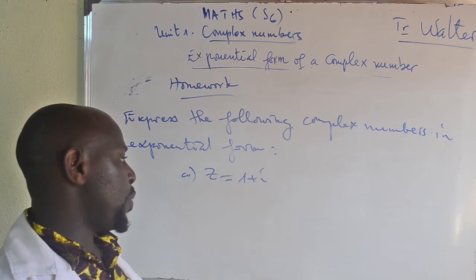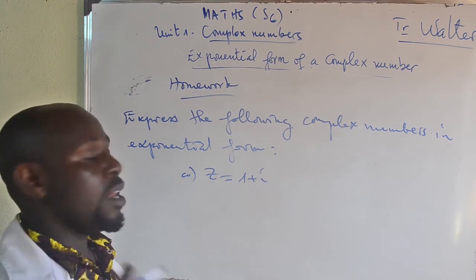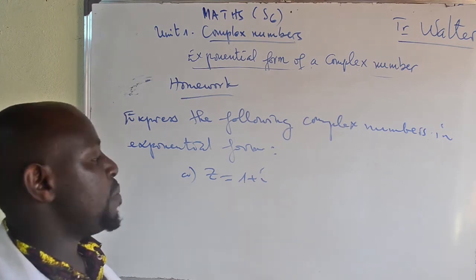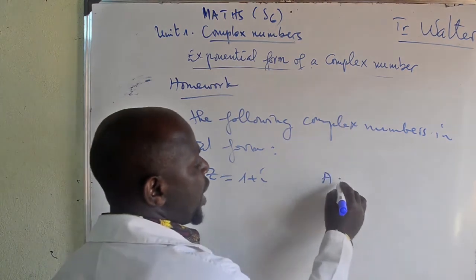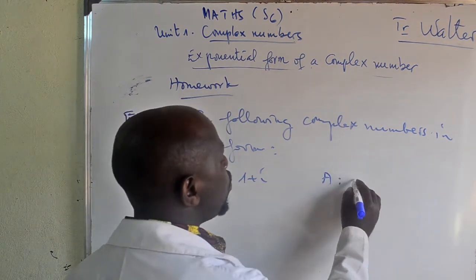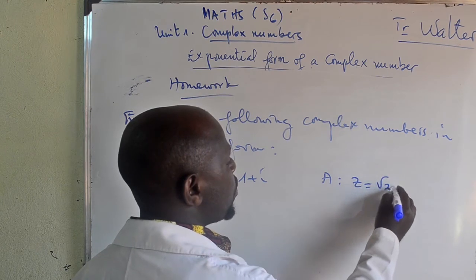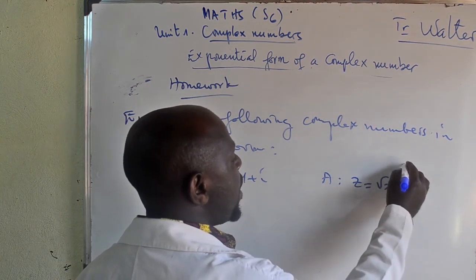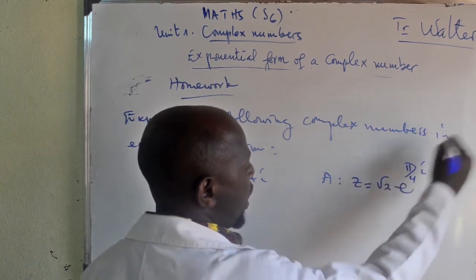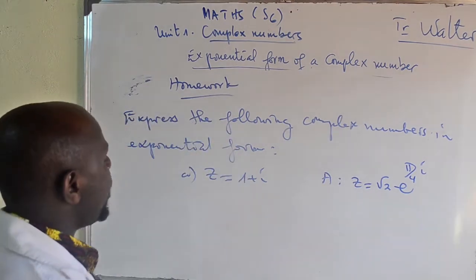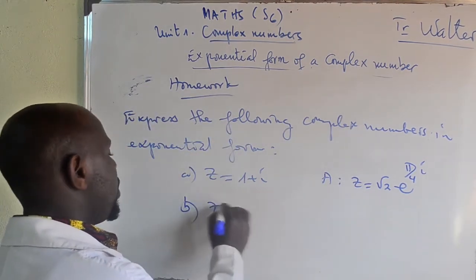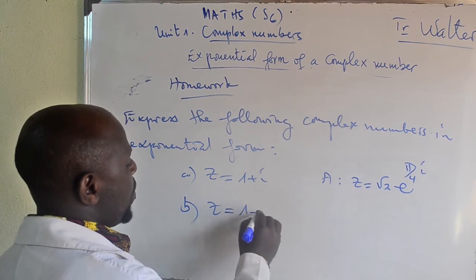To express it in exponential form, you just find theta and r, the modulus and the argument. And here you get an answer: z is equal to square root of 2 e power pi over 4 i. Ladies and gentlemen, you can also try number 2, which is z equal to 1 minus i.